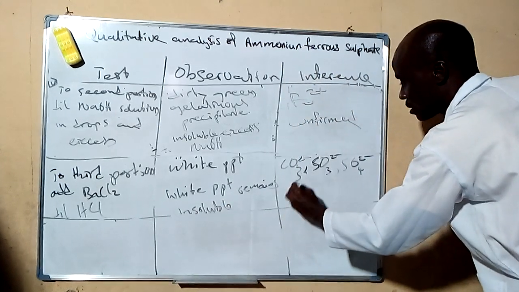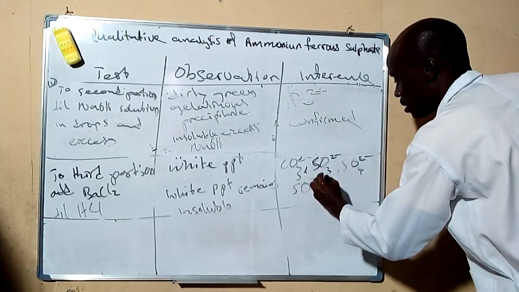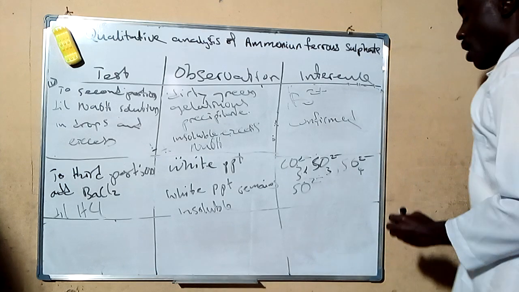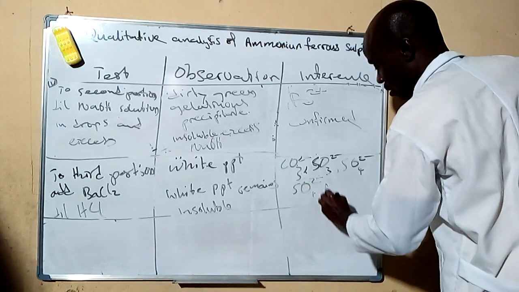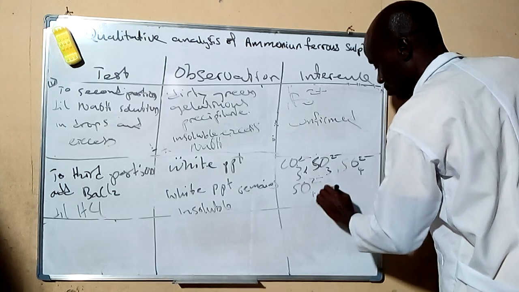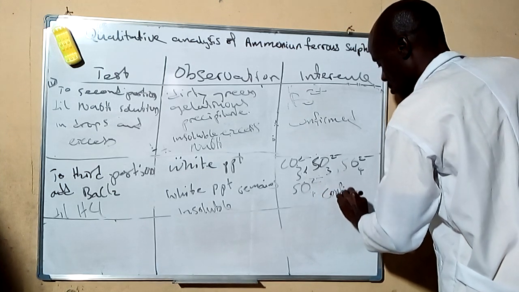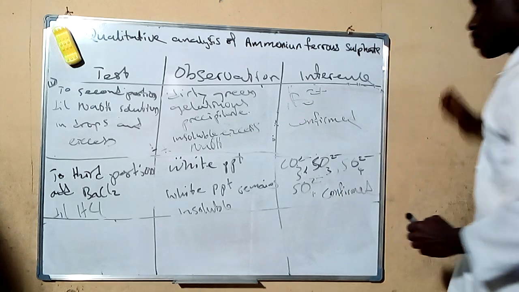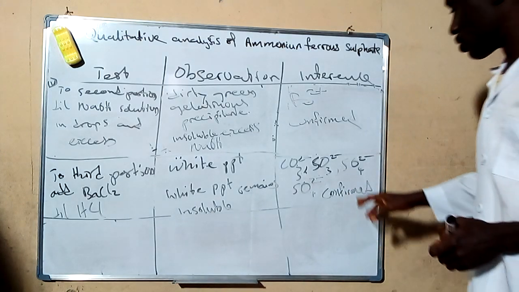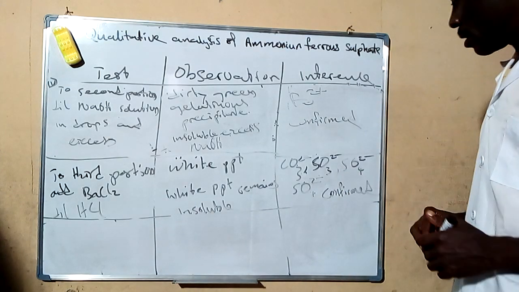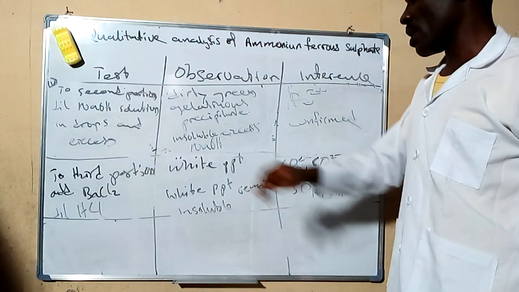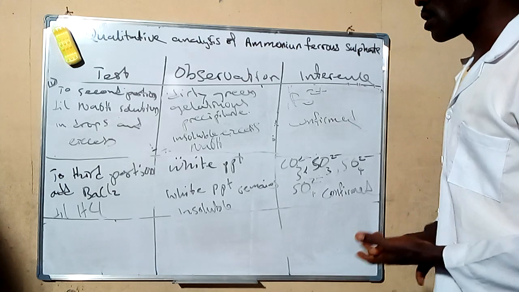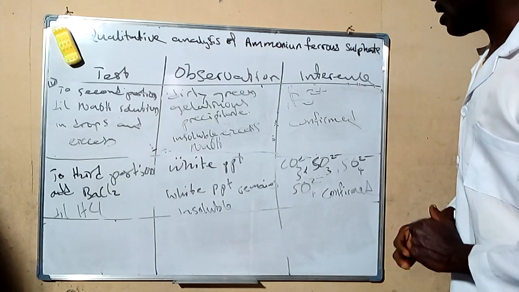That is to say, tetraoxosulfate(VI) ion is confirmed, because it is the only ion that retains its precipitate when dilute hydrochloric acid is added.